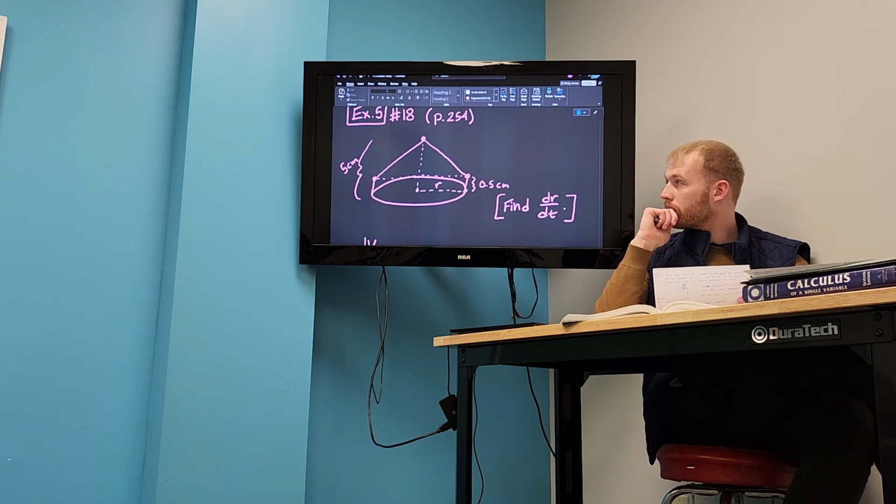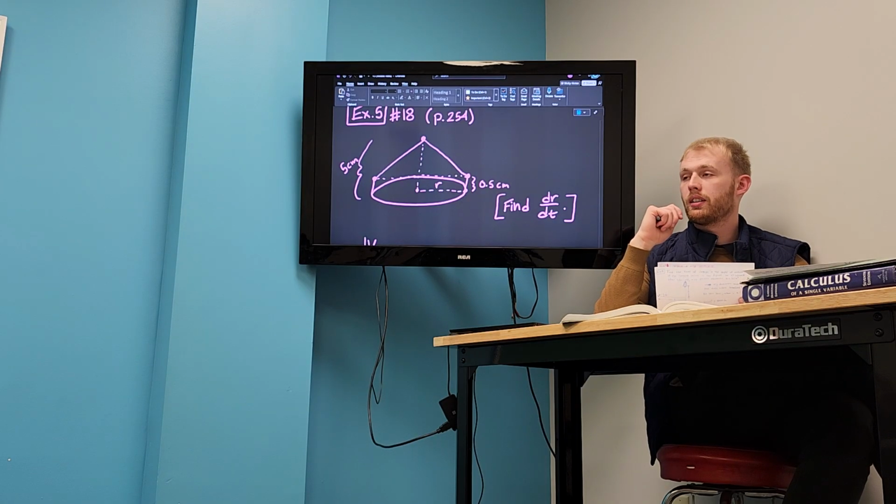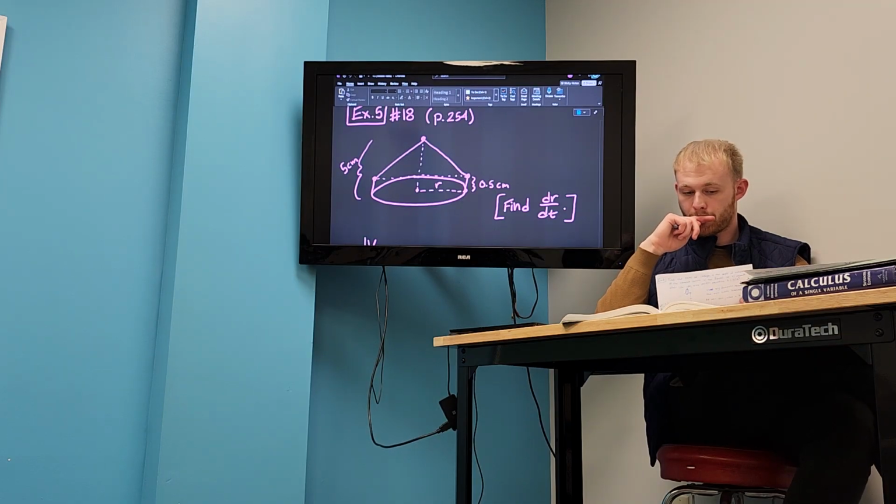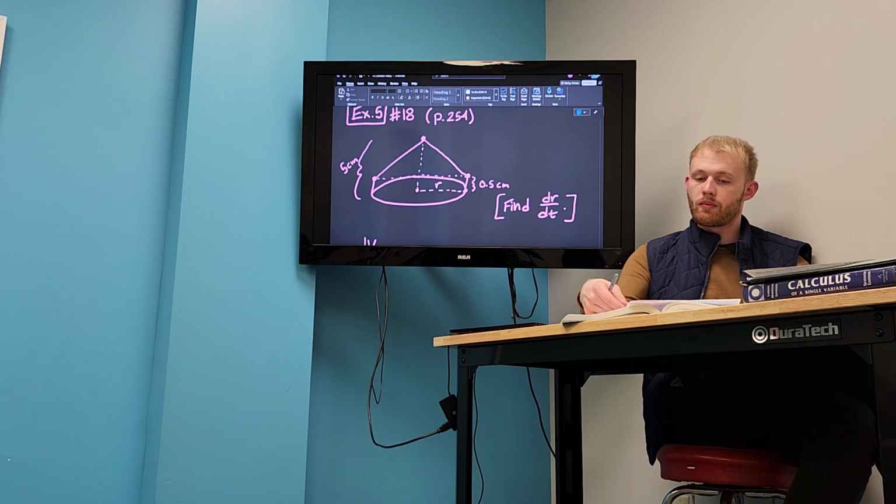That side length there is going to be the square root of 4.5 squared plus radius squared. Okay, so you're talking about the height. Yep.